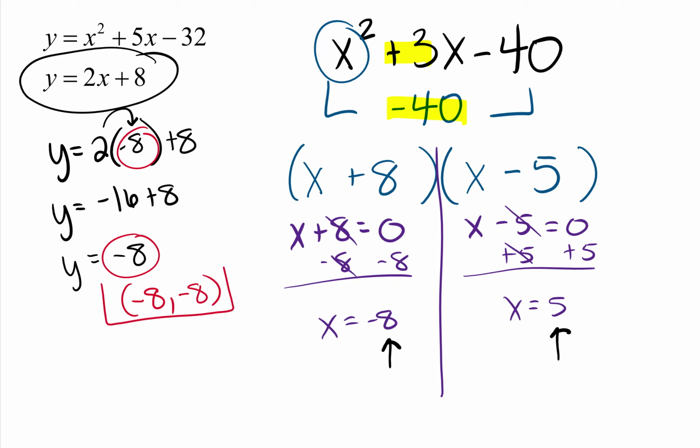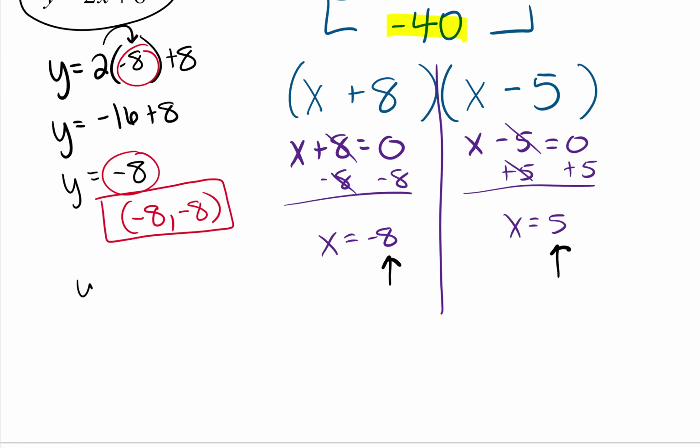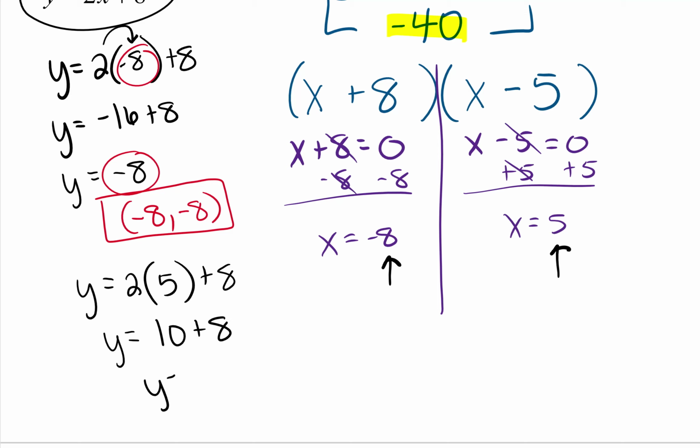So there is one of my answers, and then I plug the other one in to get my second answer. So y equals 2 times 5 plus 8. Y equals, not 30, wow, 10. Okay, 10 plus 8, so y equals 18.